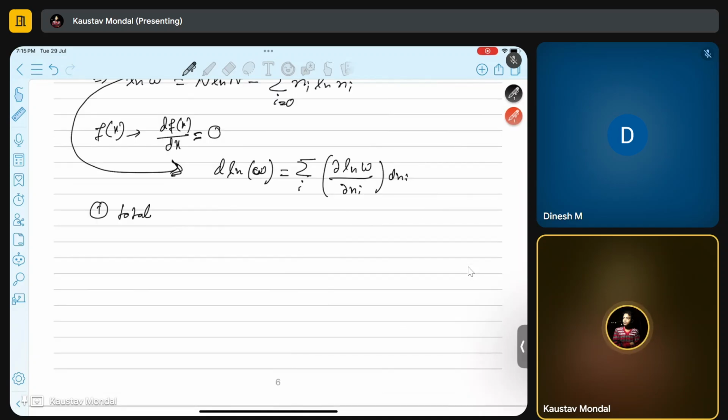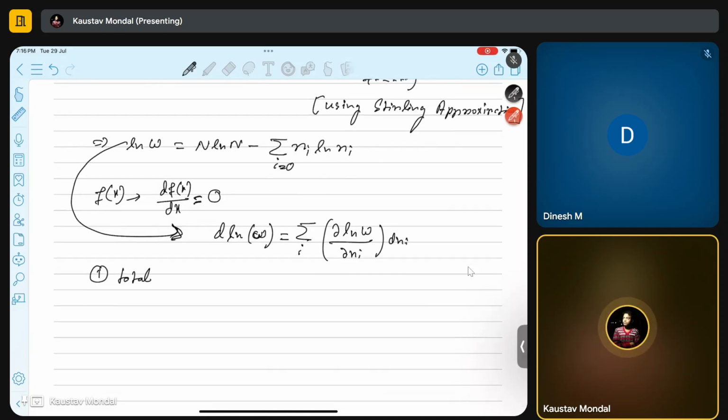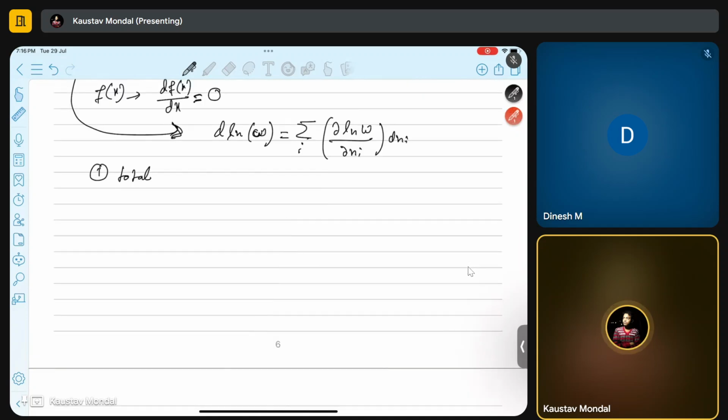So we have to write the constraints of this particular configuration. The first constraint is that the total energy of the system is constant. Okay. So how can you write it mathematically?